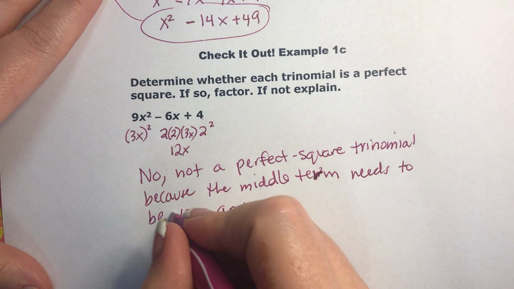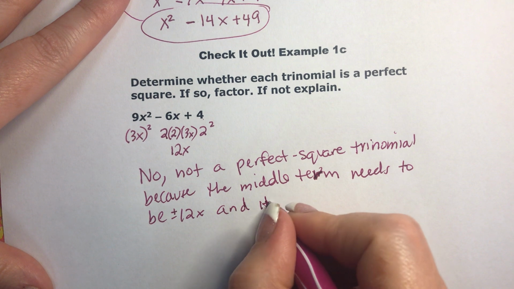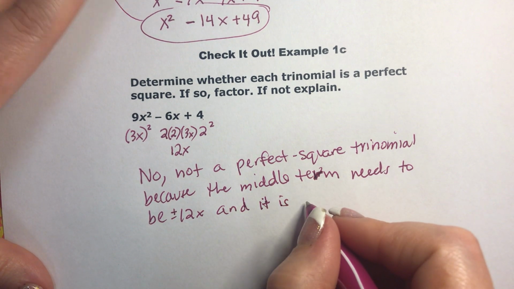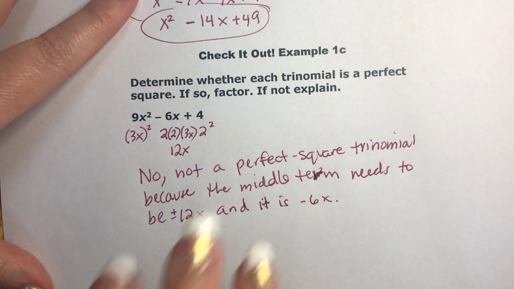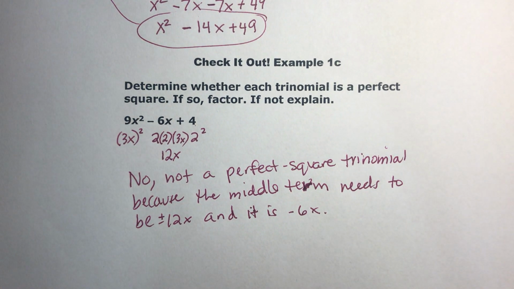And it could be plus or minus 12x, and it is negative 6x. So, nope, sorry. So if you got that right, awesome job, and I'll see you for example 2 in a little bit.